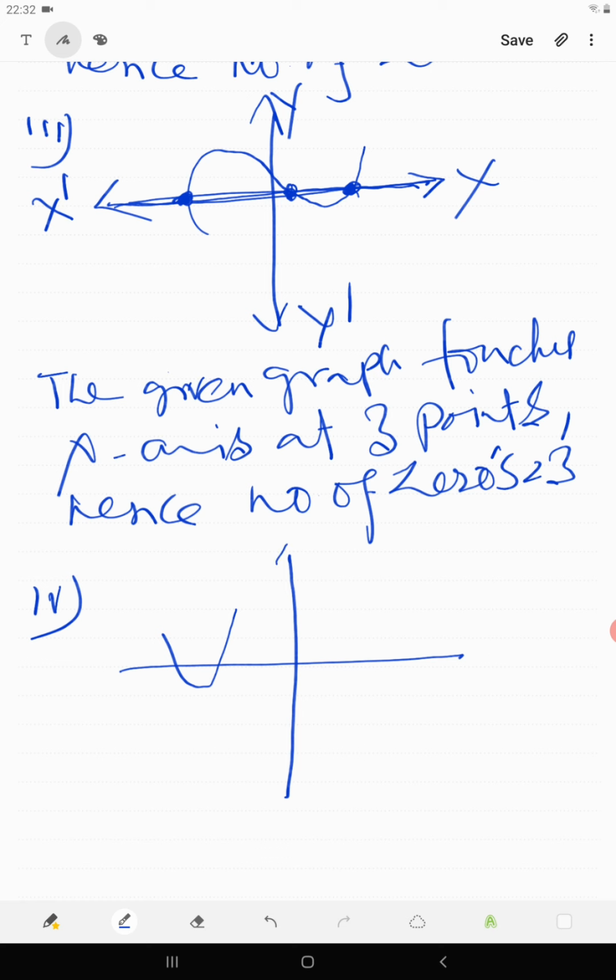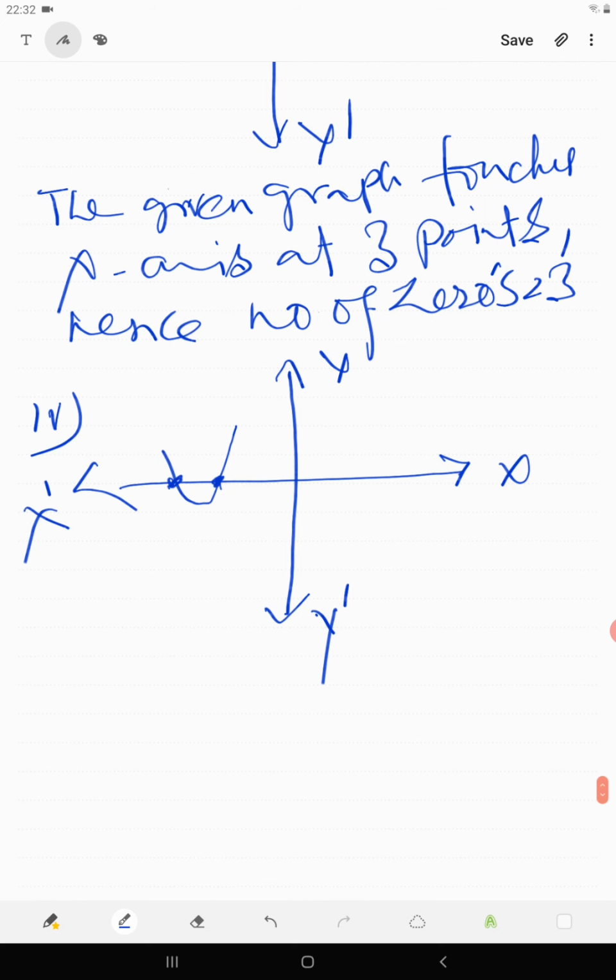x dash, y dash. So you can see this, the given graph touches the x-axis at 2 points, correct?